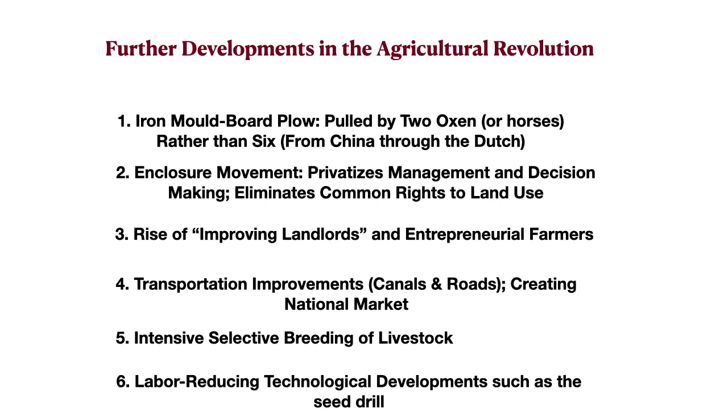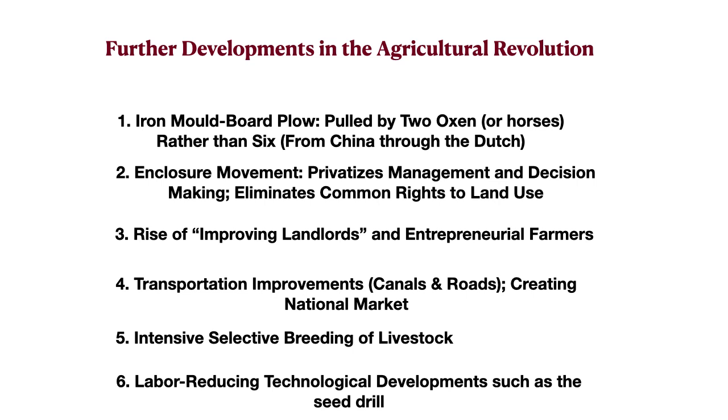It's actually highly controversial because the poorest peasants sort of got dispossessed in the process. They no longer had village common lands that they could graze animals on or gather fuel from. But it did result in much higher yields and improved food supply. I mentioned the rise of improving landlords and entrepreneurial farmers.